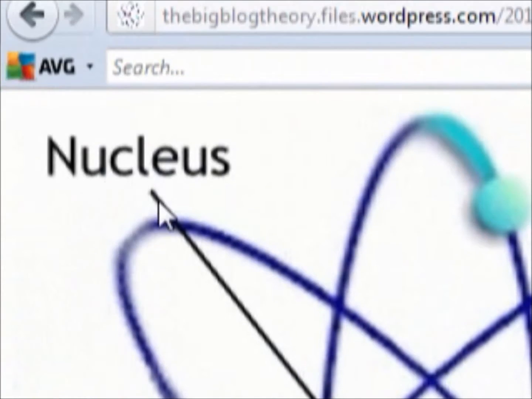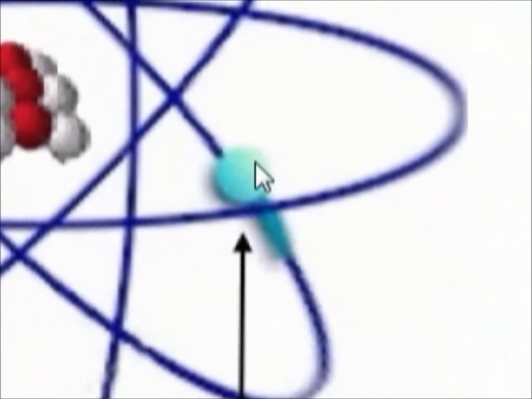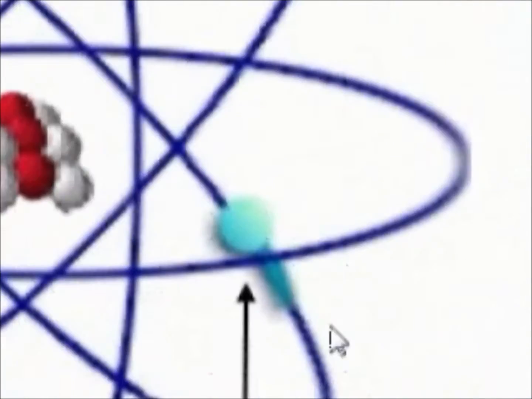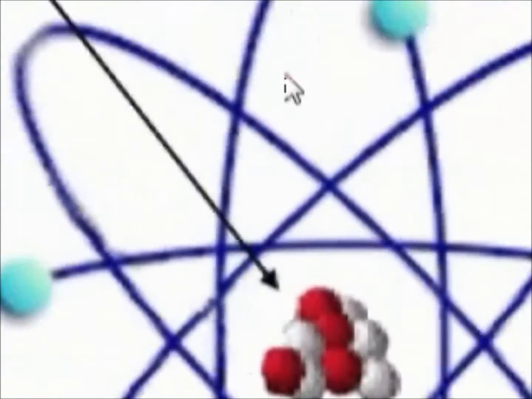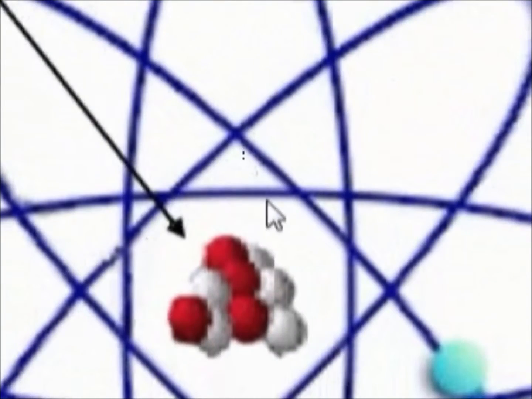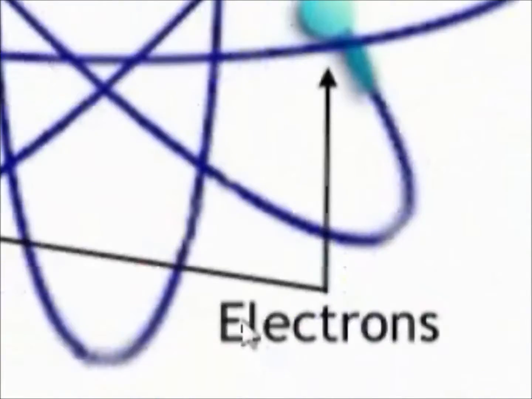So that's a nucleus. And here's the electrons, which are these blue particles. These all have negative charges, and as you can tell, they sort of go around the nucleus. They circle around the nucleus, and around the nucleus is like an electron cloud.